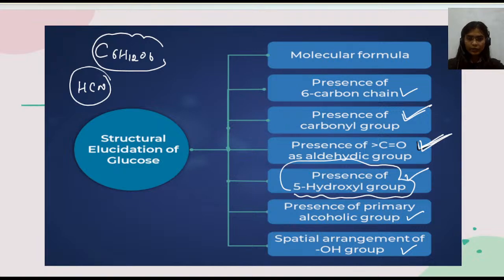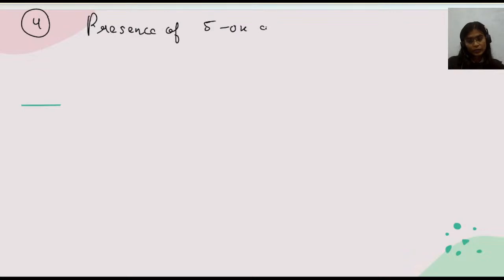As I already told you, if you use the weak oxidizing agent, only the aldehyde converts. But if we are using a strong oxidizing agent, all the alcohol is going to convert. So let's see what is happening in the next part. Point number 4, presence of 5 OH groups.